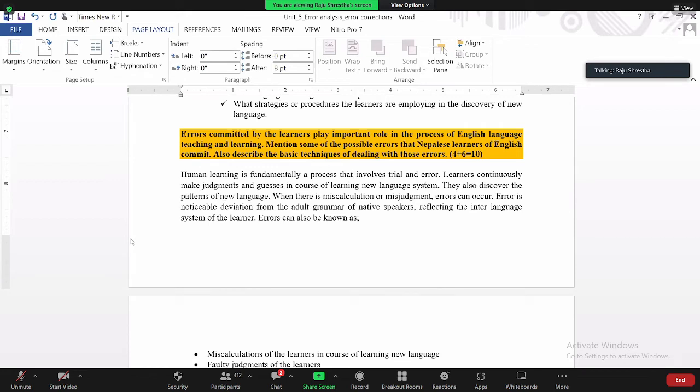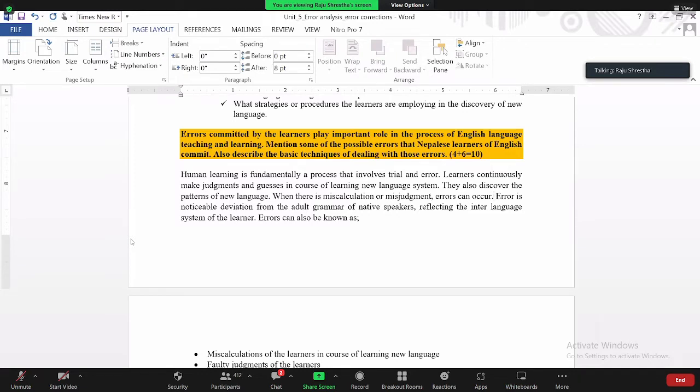They make guesses, they make judgments, they make calculation, they also discover the patterns of new language. When there is miscalculation or misjudgment, errors can occur. For example, the learner said "he cans", there is miscalculation, misjudgment, wrong judgment.